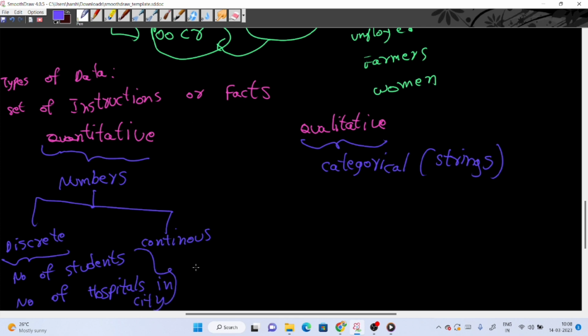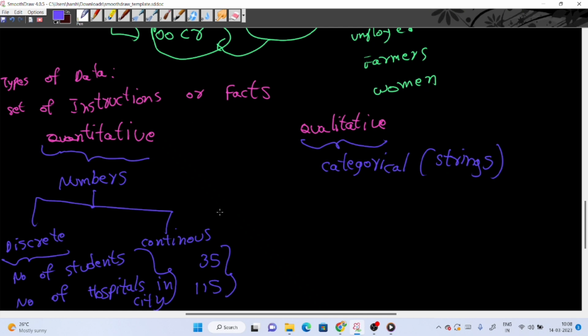Both these will have some unique numbers. For example, number of students may be something like 35. Number of hospitals in the city may be like 115. What is common in these numbers is these are basically integer numbers, and each represents a whole number which consists of the count of something unique.